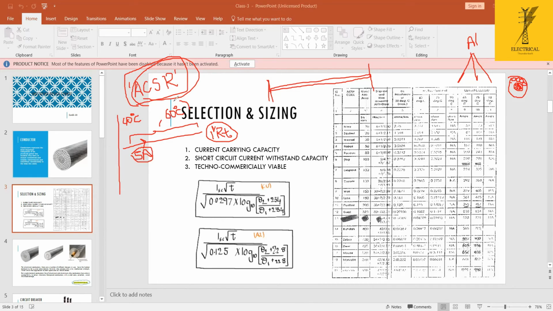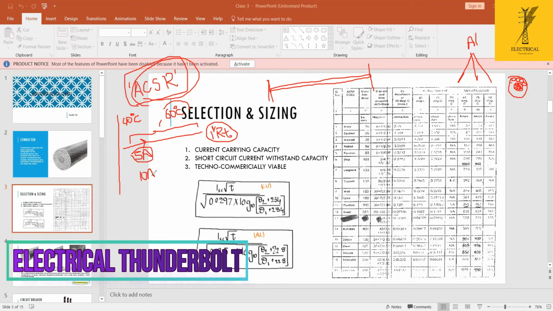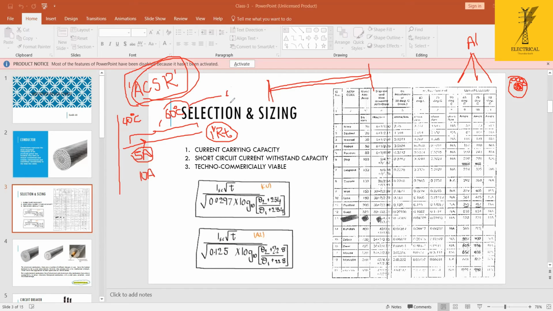Now when I inject 10 amps, the temperature rises to, suppose, 85 degrees Celsius. And if you add a current of 15 amps, the temperature rises to 110 degrees Celsius.